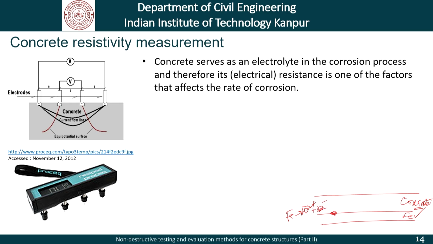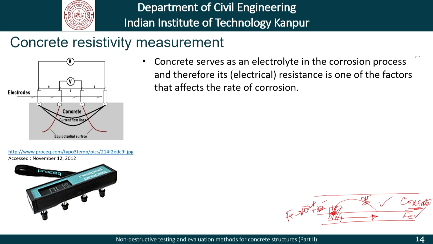Now, these 2 electrons travel towards cathodic areas through the reinforcement, but this movement of electrons is complemented by the movement of hydroxyl ions through the concrete, and that is what causes deposition of corrosion products at the anode. So, in this process, concrete is serving as the electrolyte.